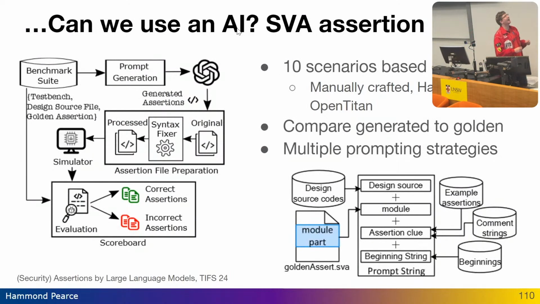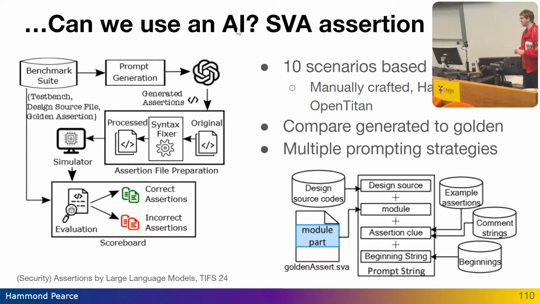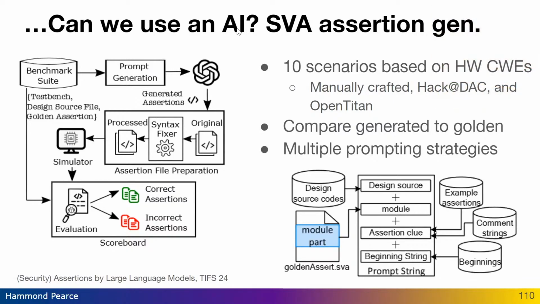Can we use an AI to come up with assertions for us since it's so hard? It's not a great idea, but you can. So we did this test with some people from Texas A&M University where we used a number of OpenAI's models to try and generate hardware assertions for some properties.